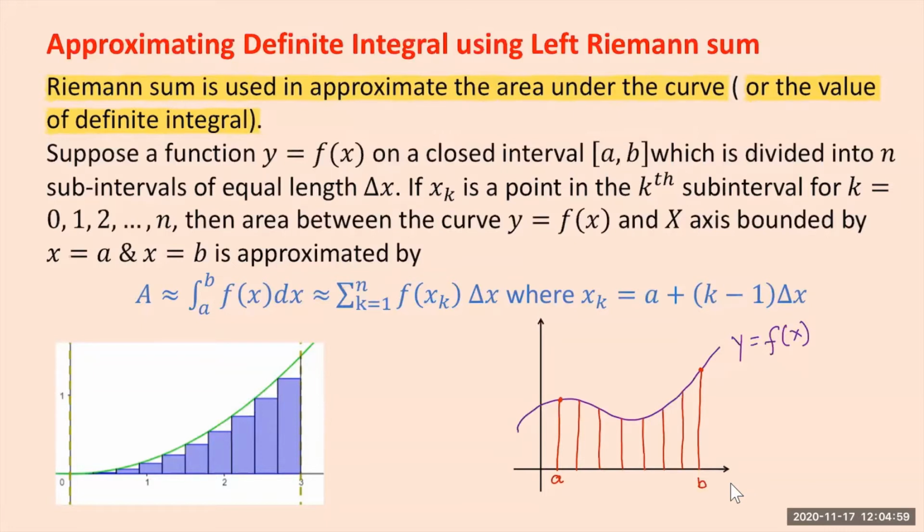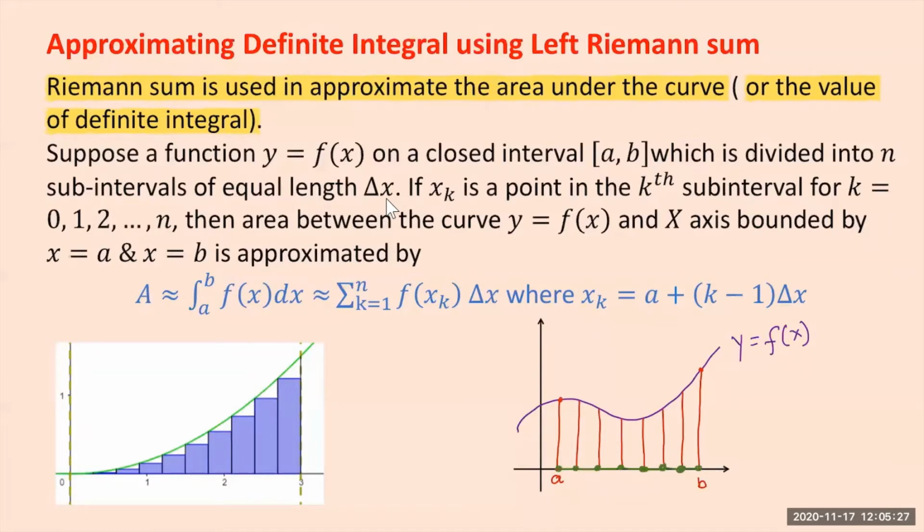From the first point a up to here, that is the first interval. And then that is the second interval, that is the third interval, fourth interval. We continue like this, and we are creating n subintervals. n can be any finite number. So we are creating n subintervals of equal length delta x.